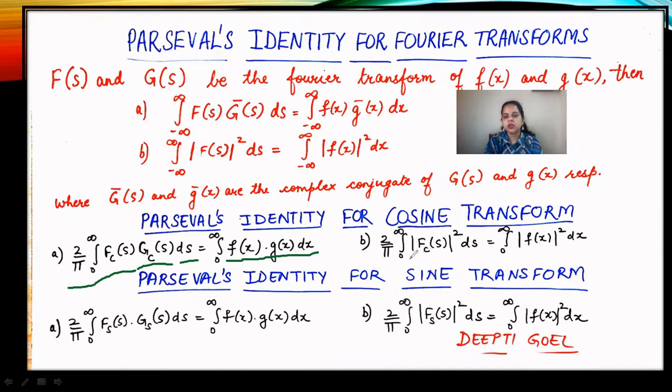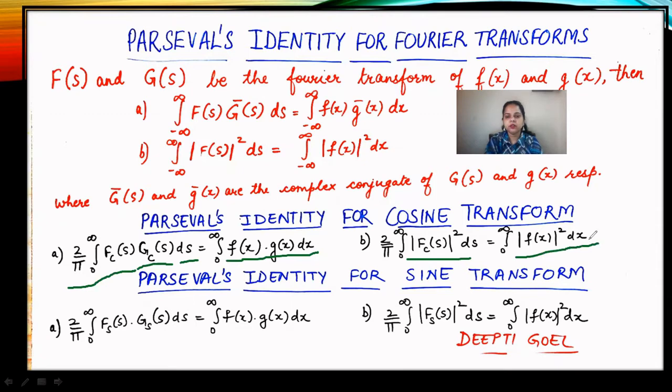And the second equation can be represented as 2 by pi integral 0 to infinity modulus of the Fourier cosine transform squared ds will be equal to the integral 0 to infinity of modulus of the function squared dx.